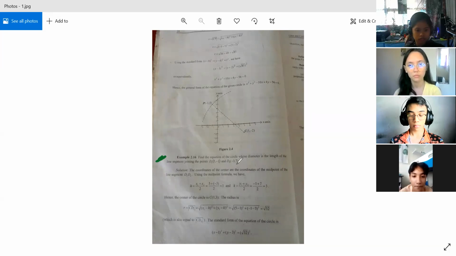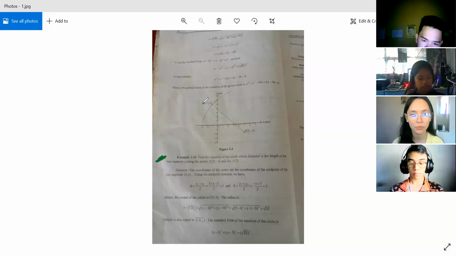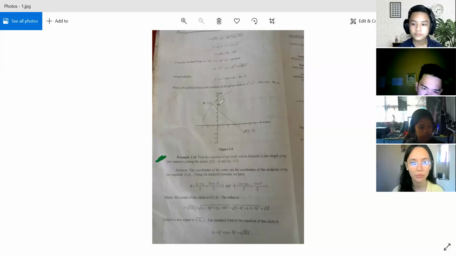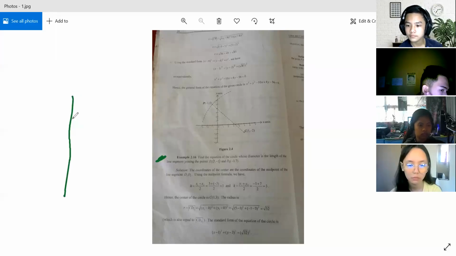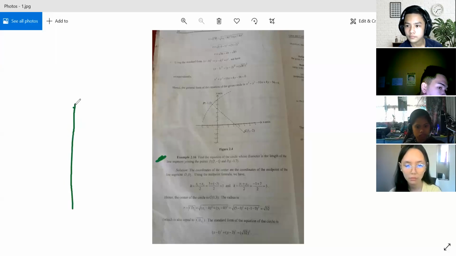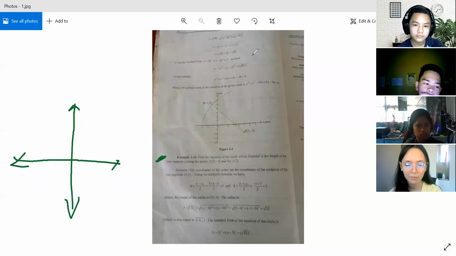So it means the diameter, something like this, is one of the points. If you will graph it, it will look like this.